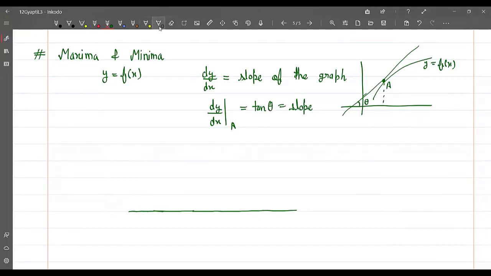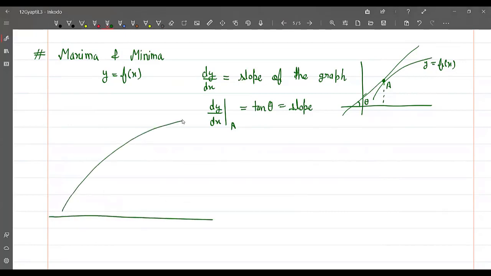Now suppose you have a graph like this. Here tan theta is always positive. So at each and every point, you will have a positive slope.